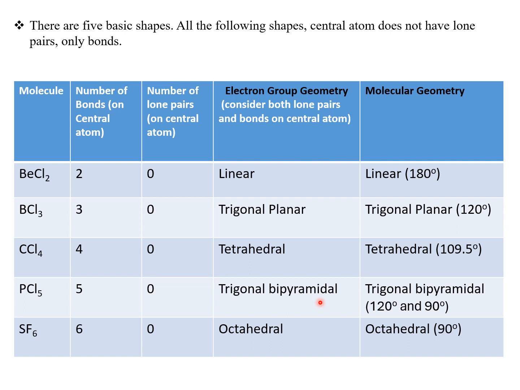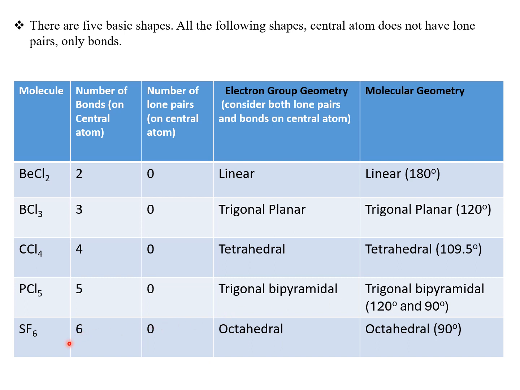We call these equatorial positions, and the other two chlorine atoms are in axial positions. If we consider the bond angles, there are two types: 120 degrees for the trigonal planar ones, and 90 degrees between the axial and the equatorial bonds. So both 120 and 90 degree bond angles are present in trigonal bipyramidal geometry.